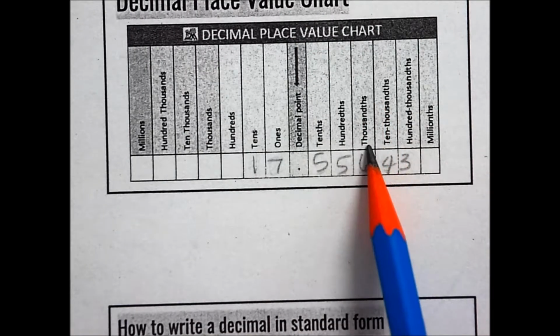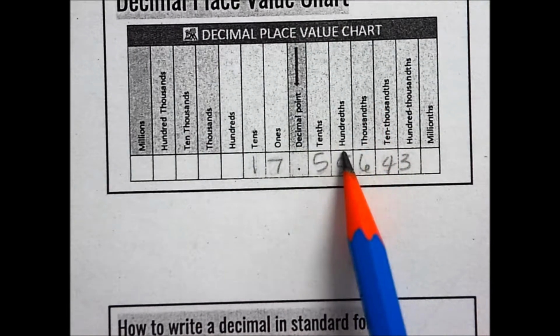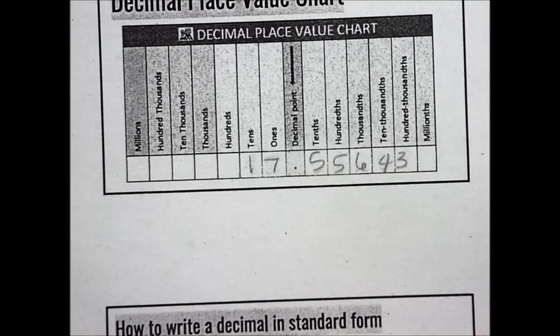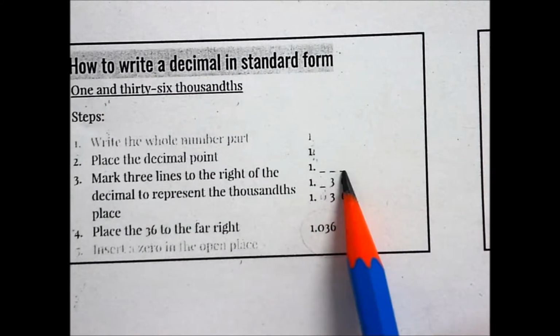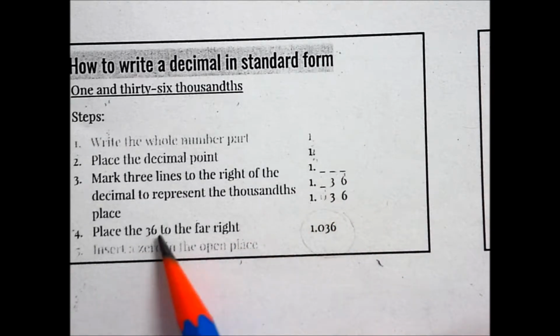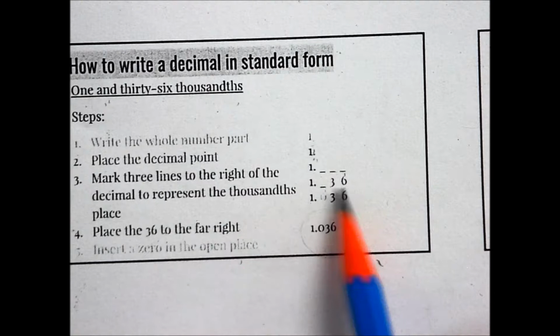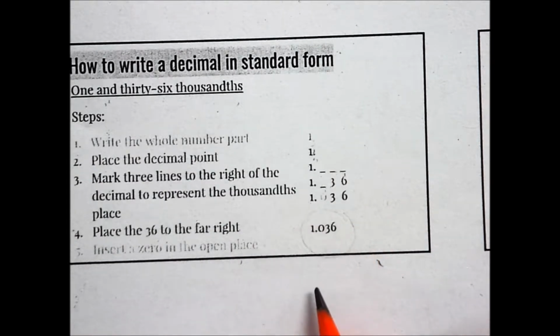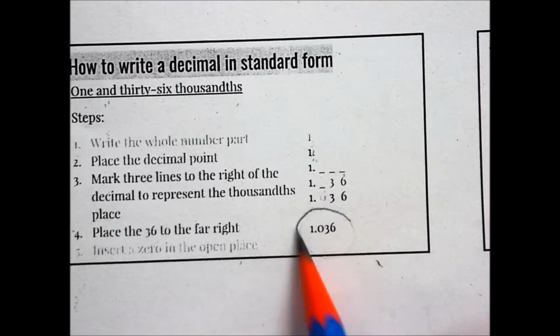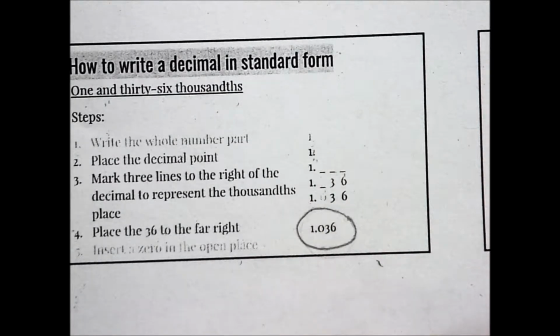Here's the thousandths place, and it is 1, 2, 3 slots away from the decimal. So we will write 1, 2, 3 slots on our paper. Now we will place the 36 to the far right. And finally plug the 0 into the missing blank. This is how our number will look in standard form.